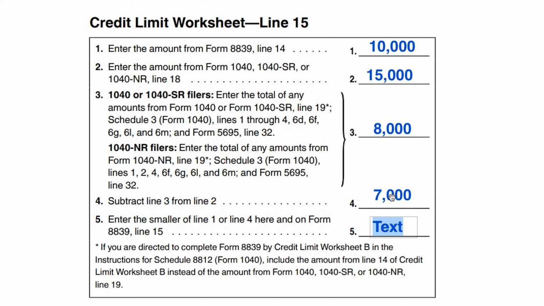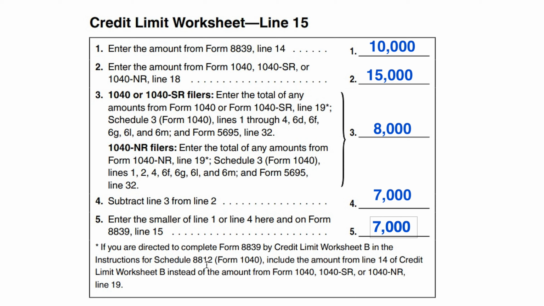So we enter the smaller of line 1 or line 4 here, which is the $7,000. Which means when we go to complete our tax return, we should expect that $7,000 of our adoption expenses will be taken as a credit this year, and then the rest of them we'll have to put in an adoption tax credit carry forward status.